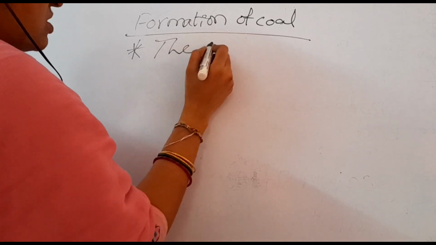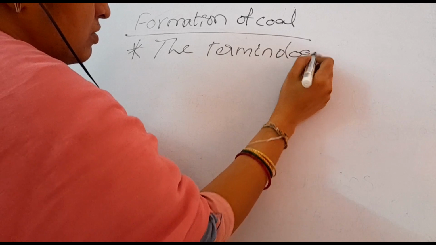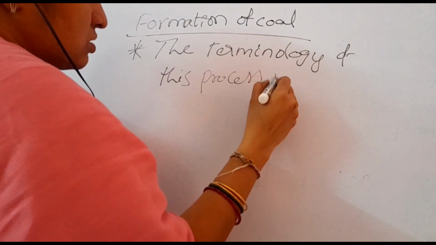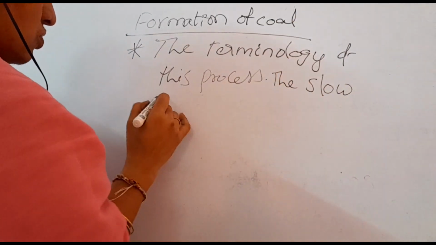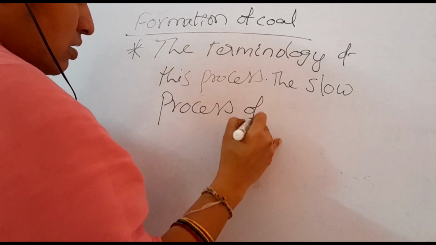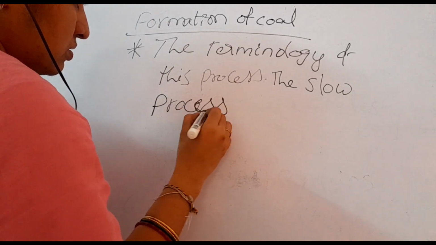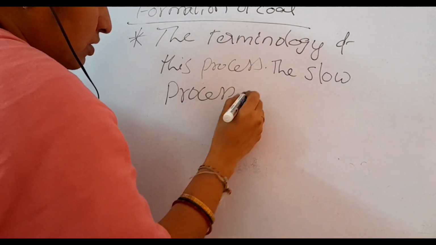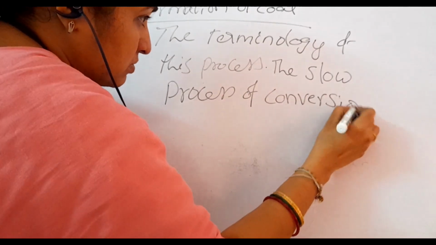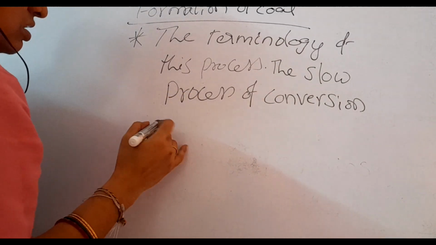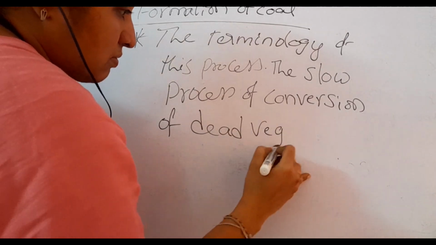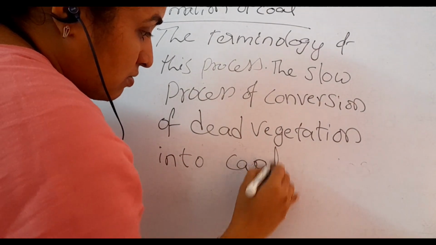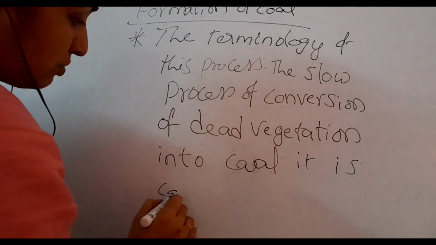The terminology of this process, the slow process of conversion of dead vegetation into coal, is called carbonization.